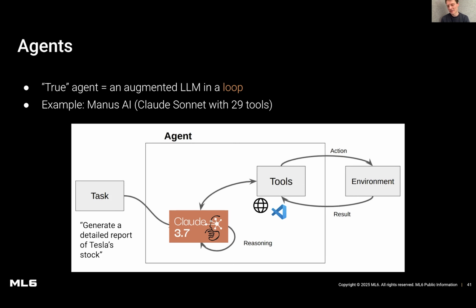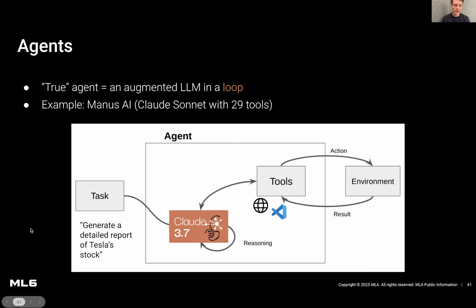It also has access to a coding environment, so it has access to the terminal or VS Code, where you can actually write code and execute that. And this allows you to just ask, for example, to generate a detailed report of Tesla stock, and then it just goes on in that loop fully autonomously. So another nice example of such an autonomous system.